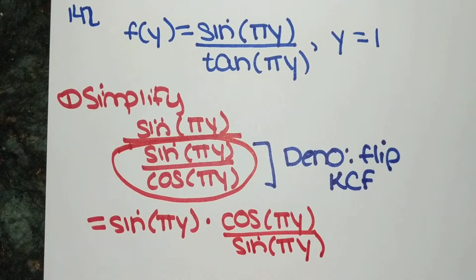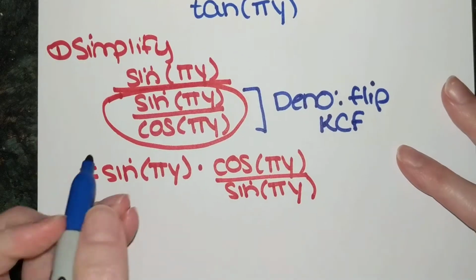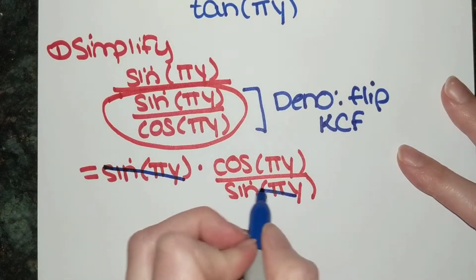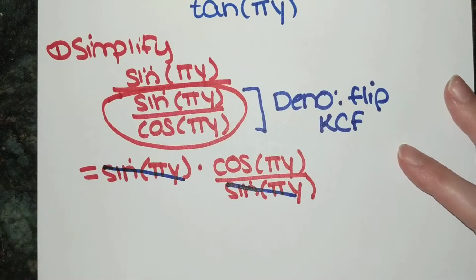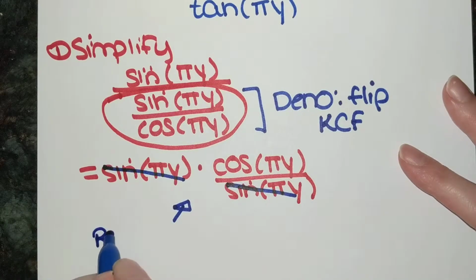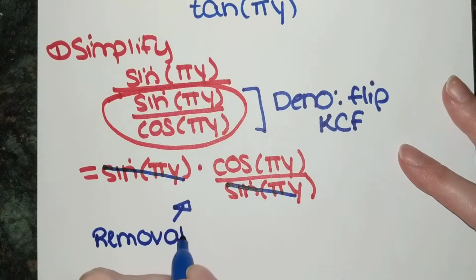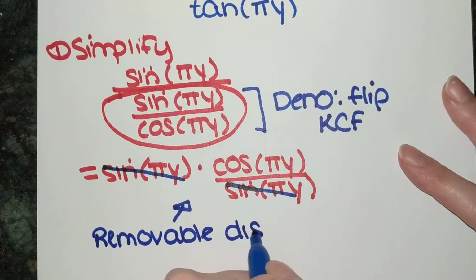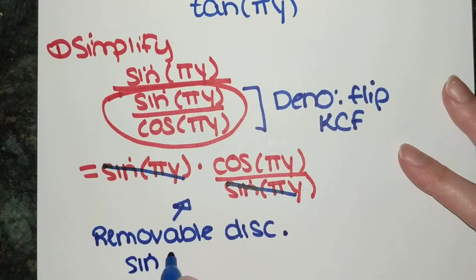Okay, and then what's really neat about this is that then you see that sine of pi y is canceling out. Now do keep in mind, when you cancel that out, that means that you have a removable discontinuity. And that removable discontinuity happens when sine of pi y is equal to 0.